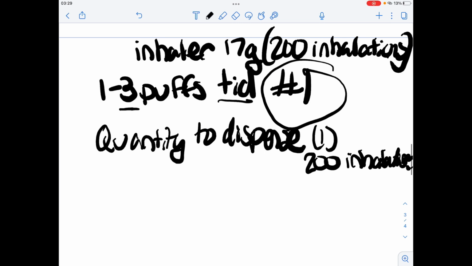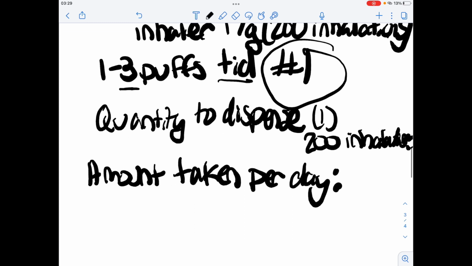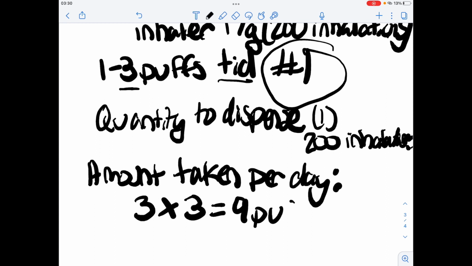Dose times frequency: 3 times 3 equals 9 puffs.